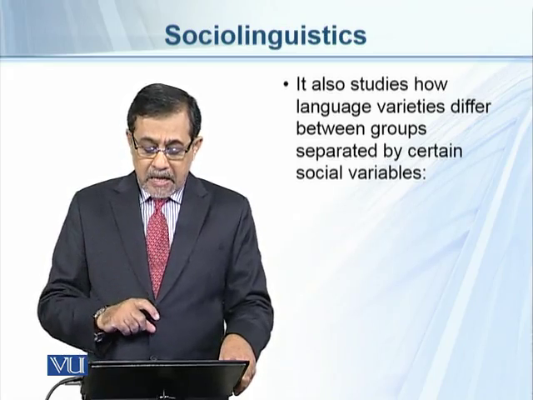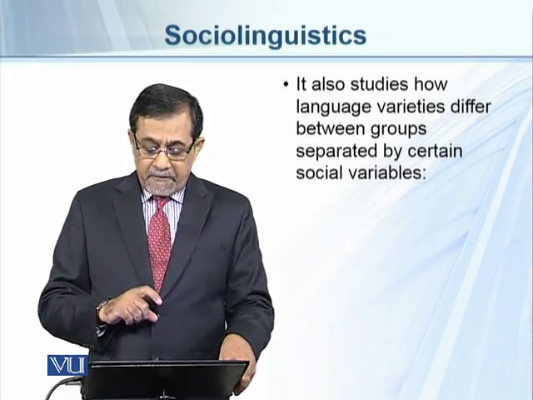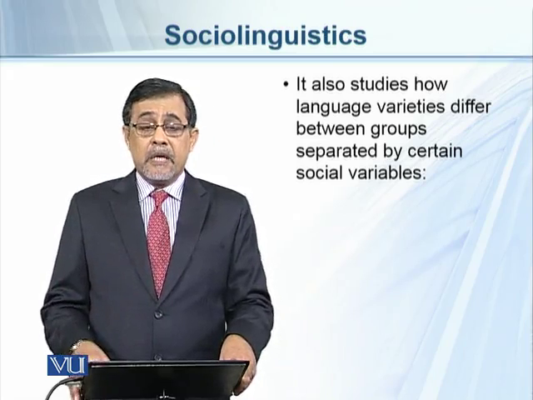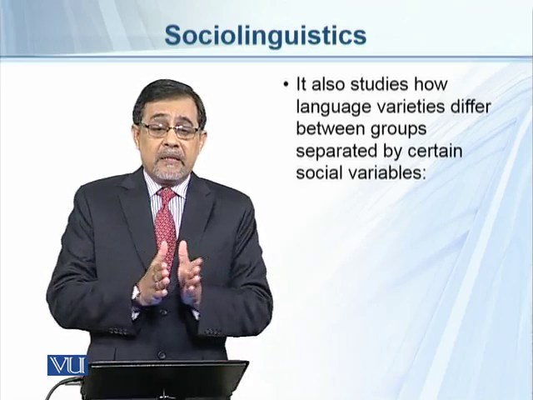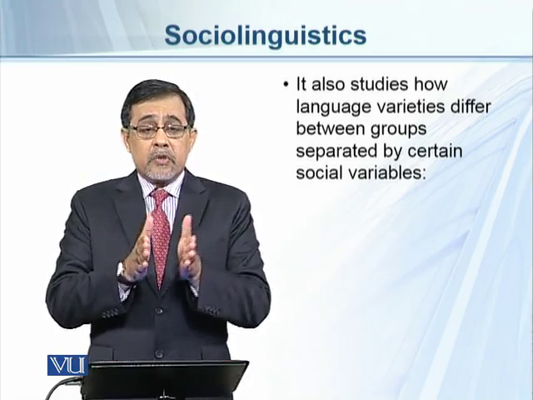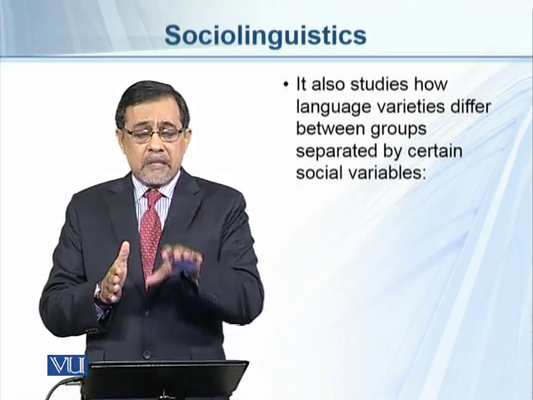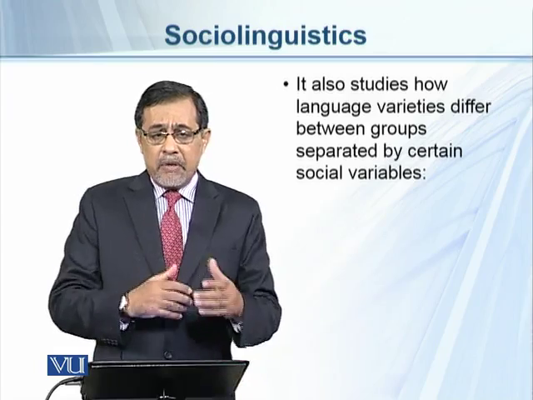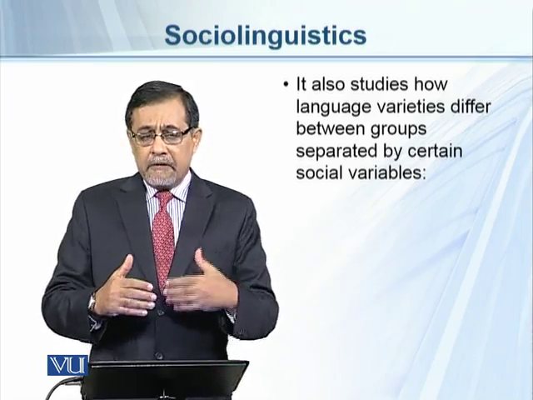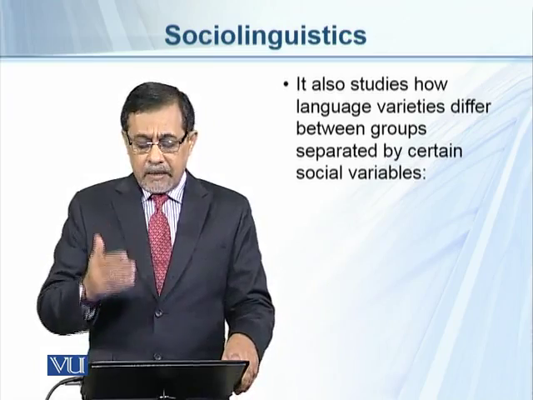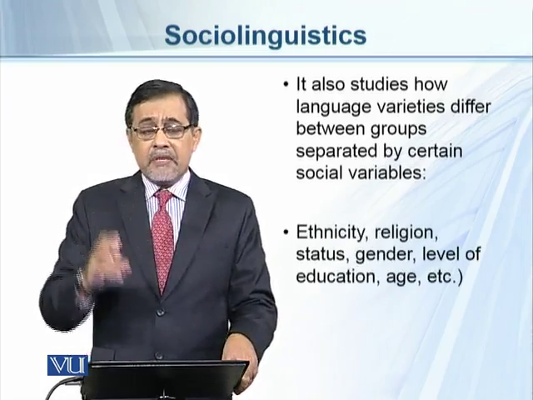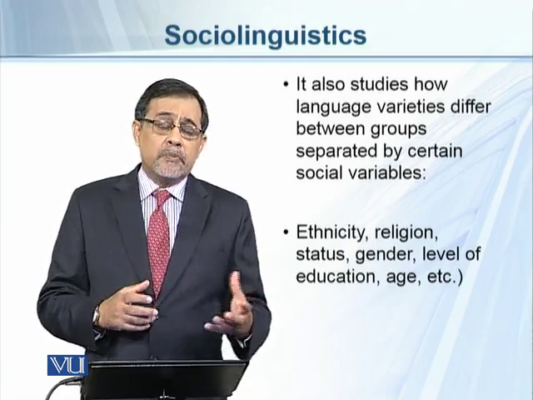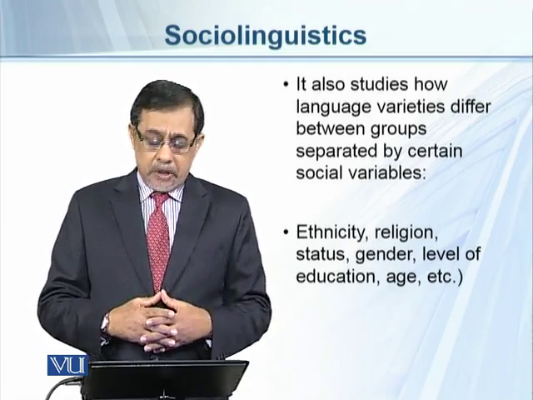It also studies how language varieties differ between groups separated by certain social variables. So as I said, within a social group there are certain sub-social groups, and we study how they are different in using language from one another. For example, ethnicity, the people belonging to certain linguistic groups, how they are different from each other.